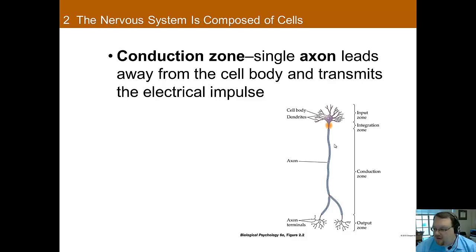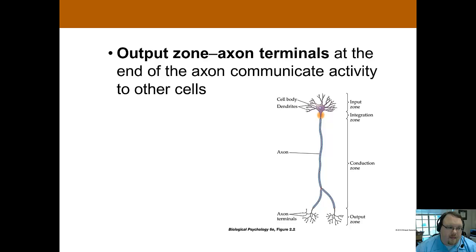The conduction zone is down here in the axon, and that's where the single axon leads away from the cell body and transmits that message into an electronic impulse that travels down the axon and goes to the last zone, which is the output zone.